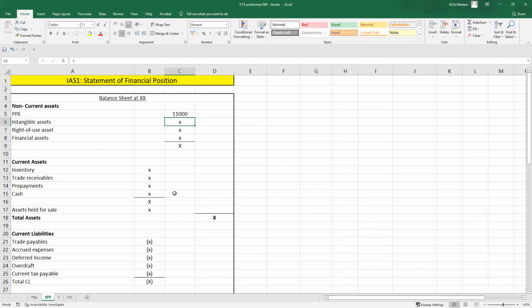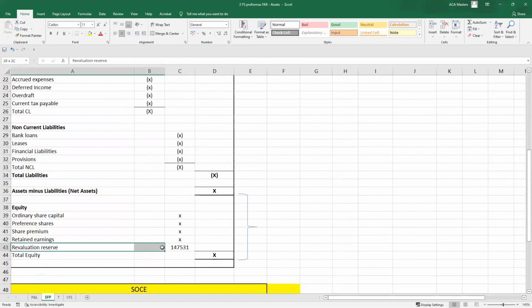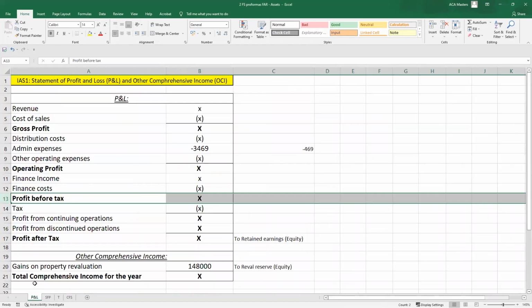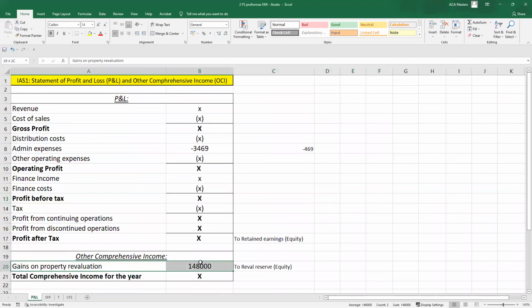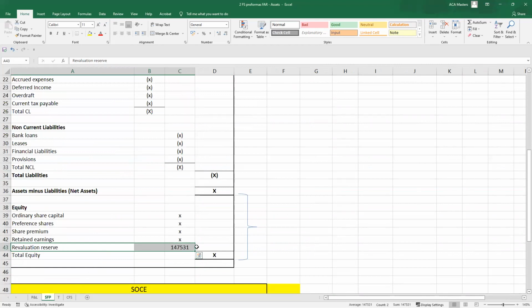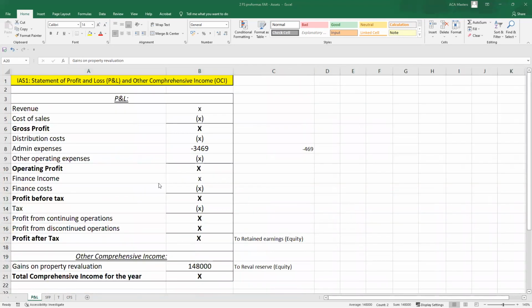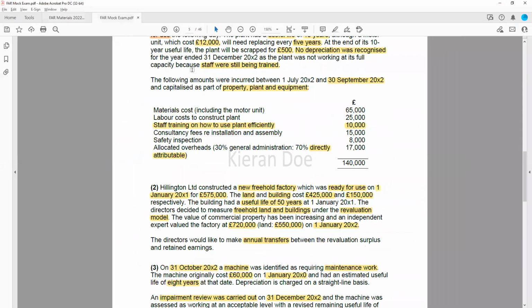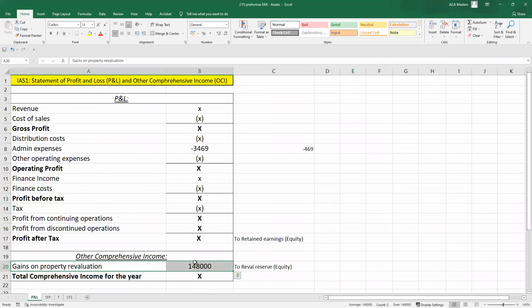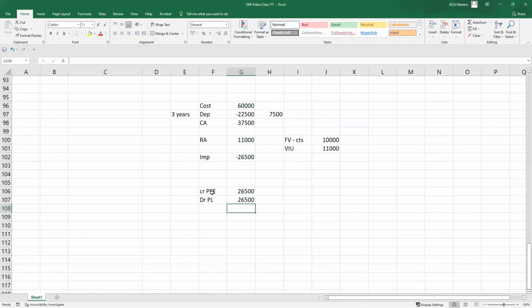So if you think about our previous asset that had been revalued upwards, if that asset was impaired, then the impairment would firstly go through OCI rather than the P&L up to the amount that's in the revaluation reserve. But we're not told anything about this asset previously being revalued upwards and there being an amount in the revaluation reserve for that asset. So therefore it would all go to the P&L.